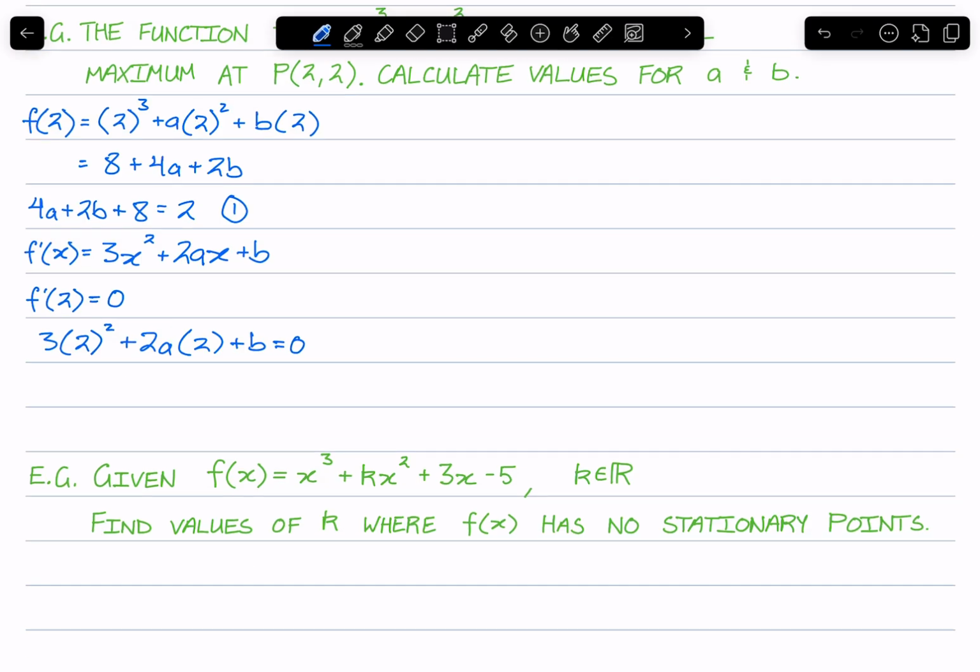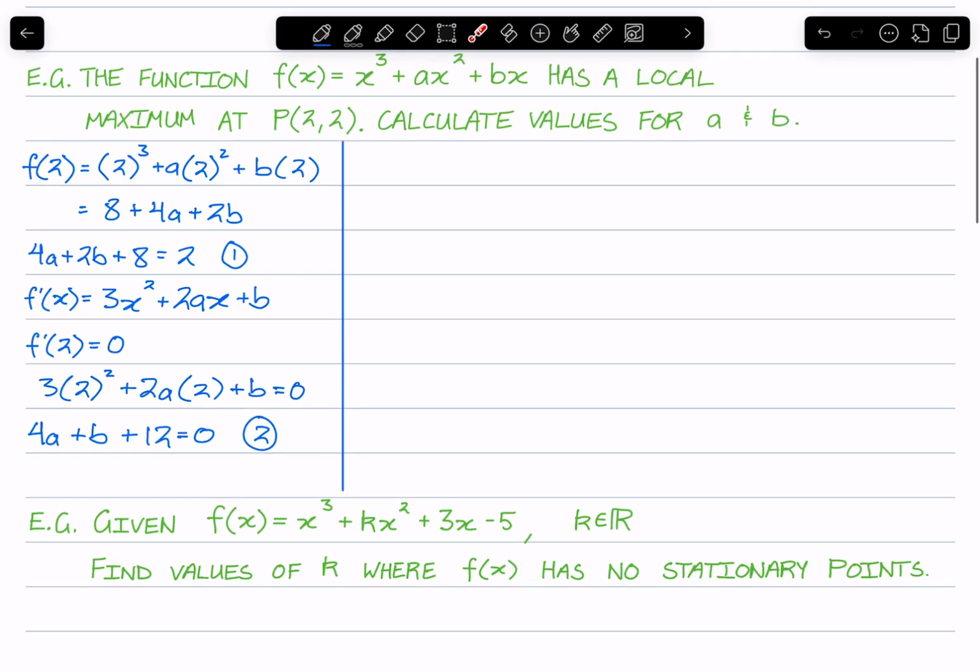Evaluating this again, I'm going to immediately rearrange it. 2a times 2 is 4a, b is on its own, 2 squared is 4, times 3 is 12. And that should equal 0. And that is our second equation.